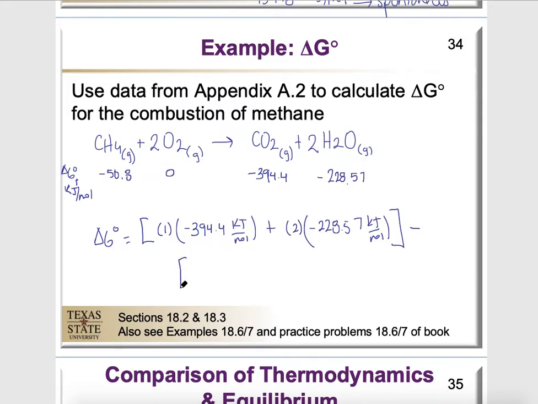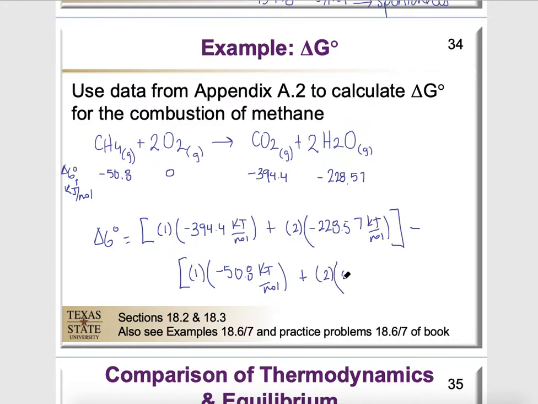And to that I'm going to be subtracting the same kind of bracket for my reactants. I begin with the methane, which has a coefficient of 1 times the Gibbs free energy change at standard conditions for methane, which was negative 50.8 kilojoules per mole. Then I add my other reactant, which has a coefficient of 2.